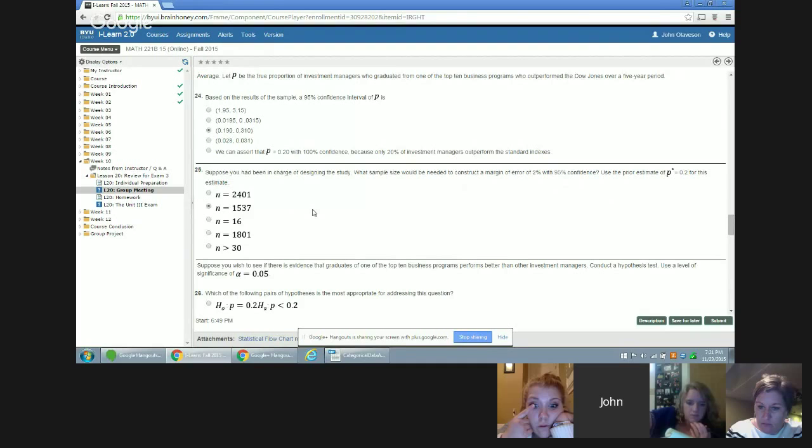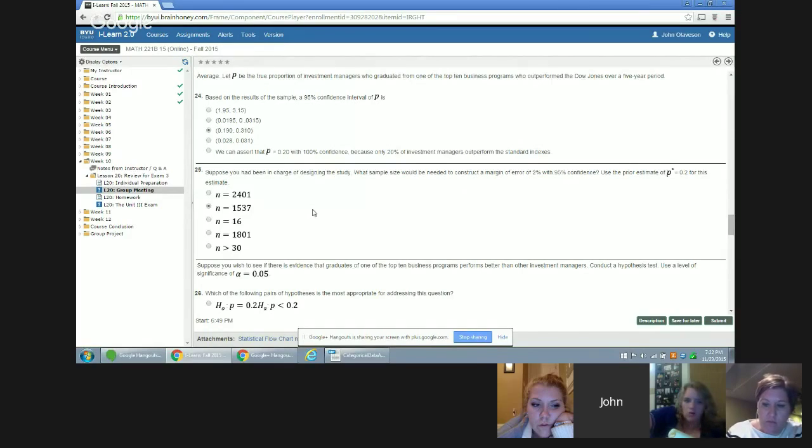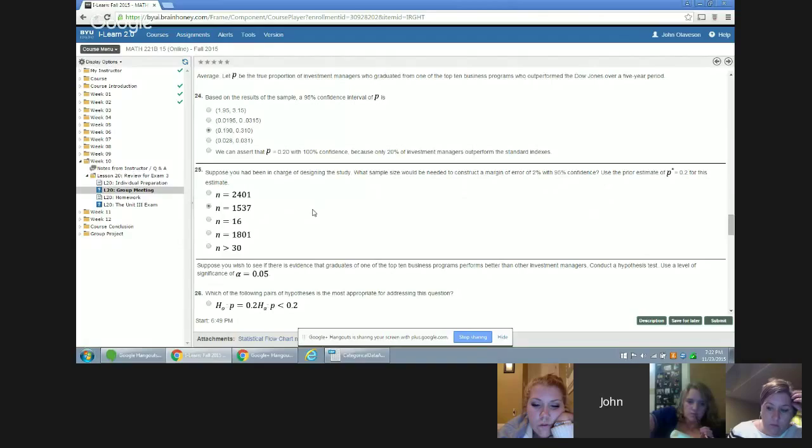Did you print out the lesson review, Courtney? No, I just opened it up and was working on it, then saved it for later. Does it give you things to use? Sometimes it gives you this p star value, and sometimes it's not going to, so you might want to recap on that one.